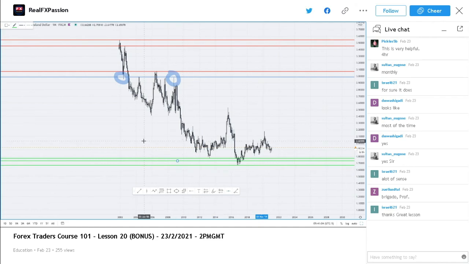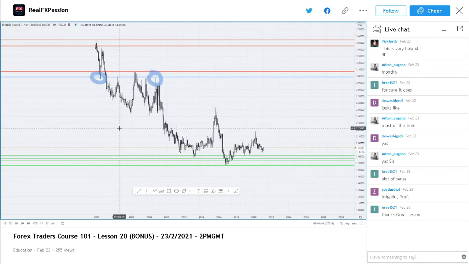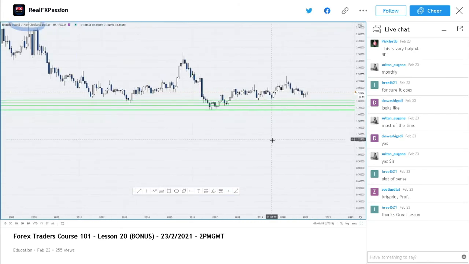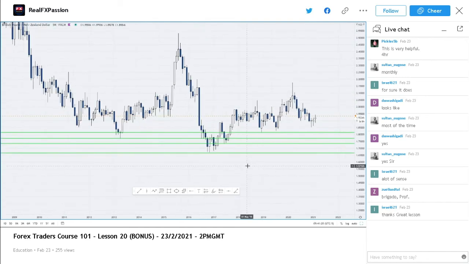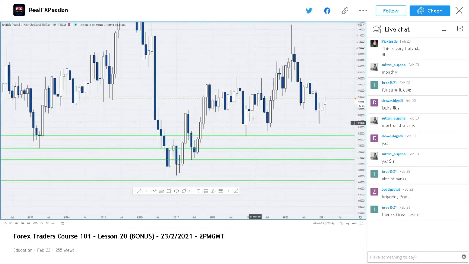As beginner traders, we must pay attention not to put the lines, support, resistance, pivot points, on what are not highs or lows. Make sense?